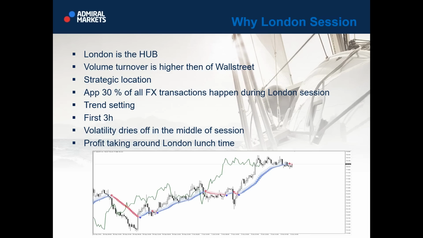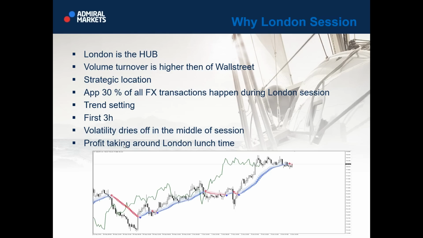London is also setting trends. It's a trend setting time for our trading, because usually during the first 3 hours there will be moves which will mark that London session volatility. But volatility usually dries off in the middle of the session. That is because profit taking usually happens around London lunchtime.